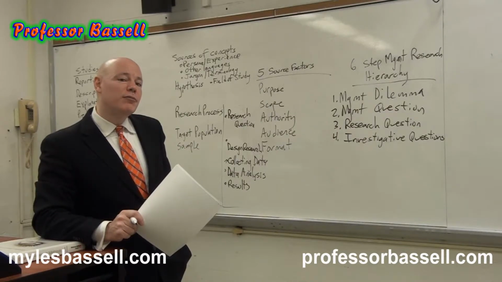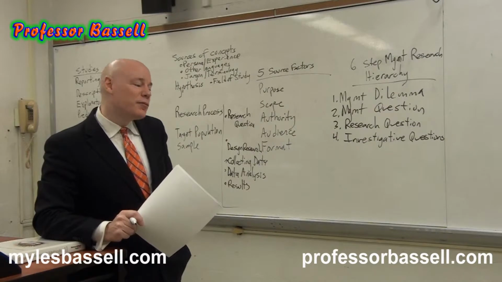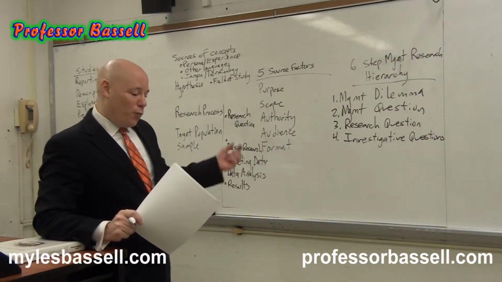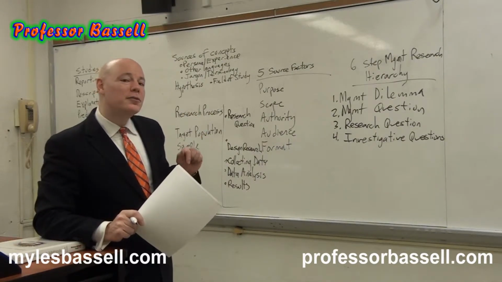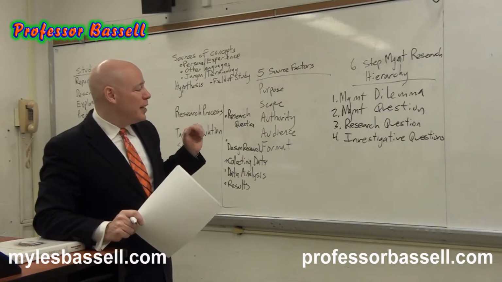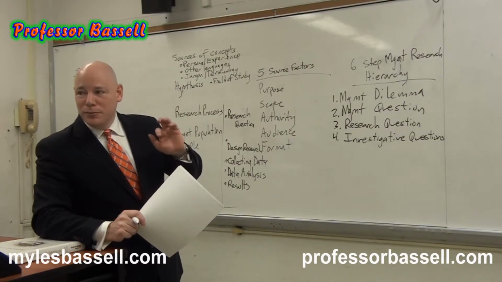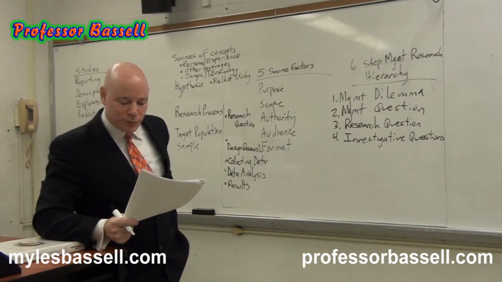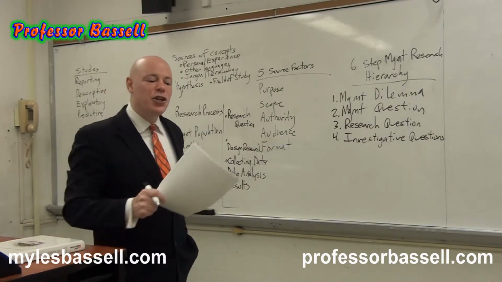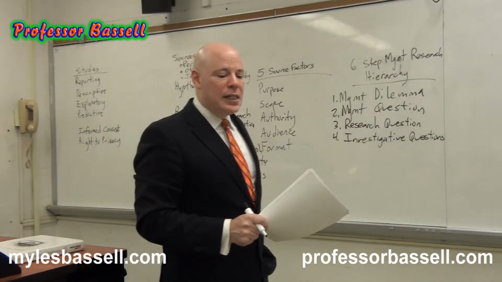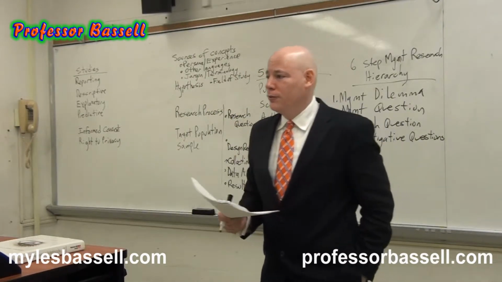Like the research question, we're looking for the answer to the research question. Why do we need the answer? Because we need to solve the problem. So the investigative question is the information that the management team needs to answer the question to solve the problem. What do they need to know to select the best alternative?